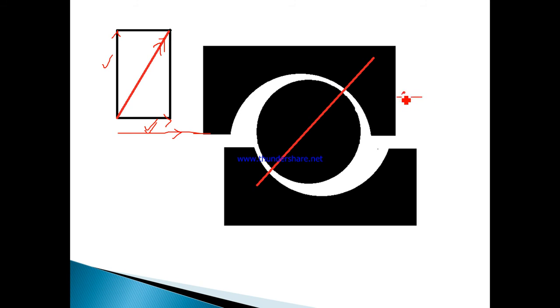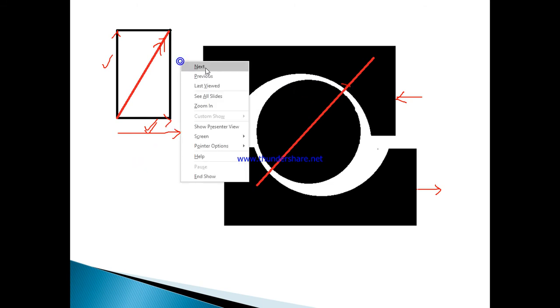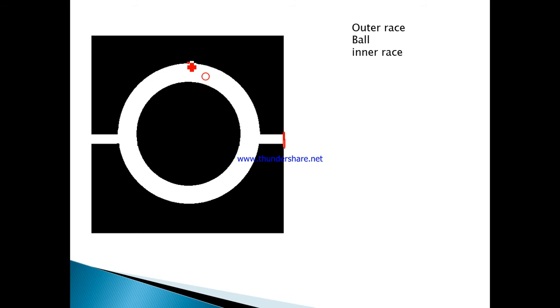He will try to push the outer race in this direction and push the inner race in this direction. Why? Because now, earlier, the contact area is here, so it is not at all any problem.